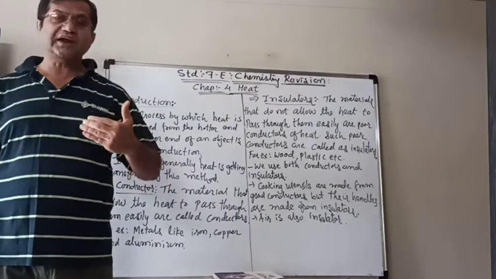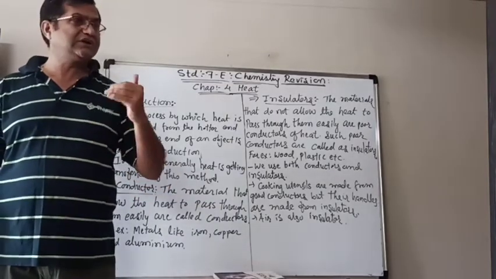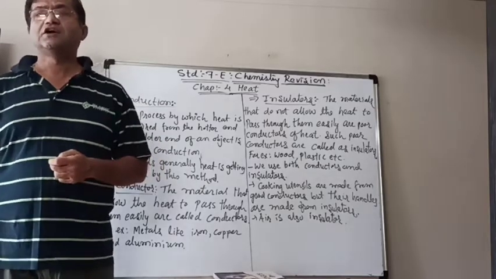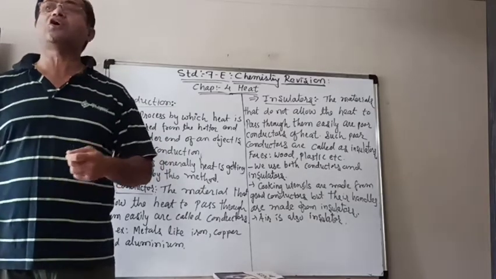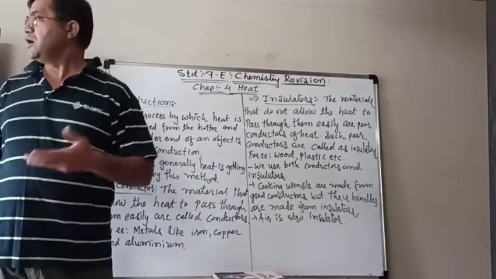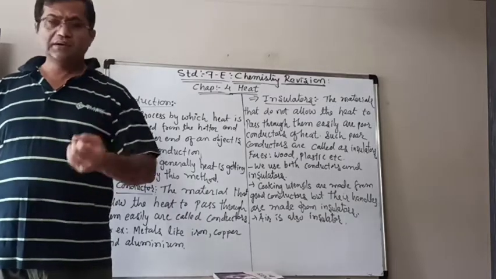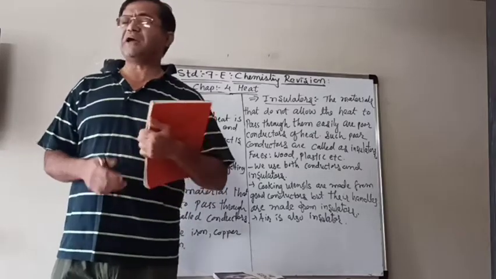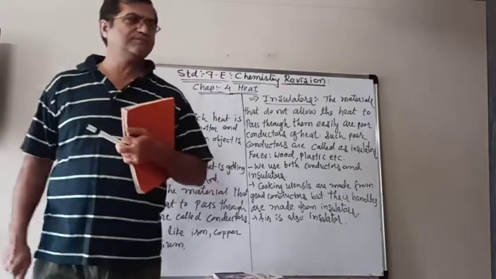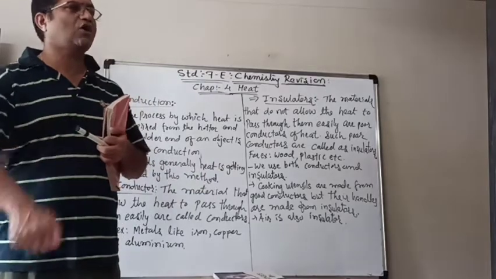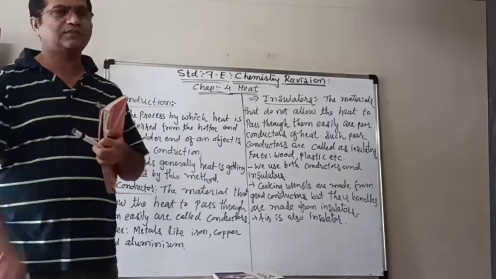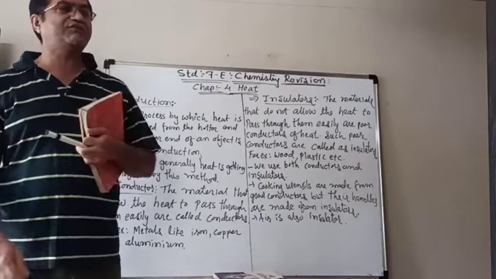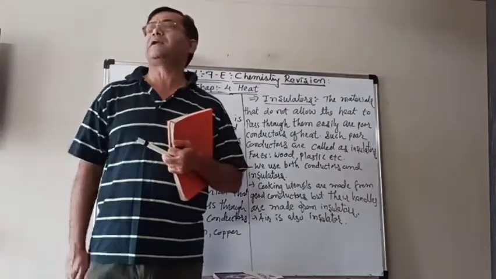But I told you to hold it not directly in the hand; you have to use a pair of tongs, otherwise you will get hot. So one end you hold with the pair of tongs, and the other end is in the flame of a candle or a burner.